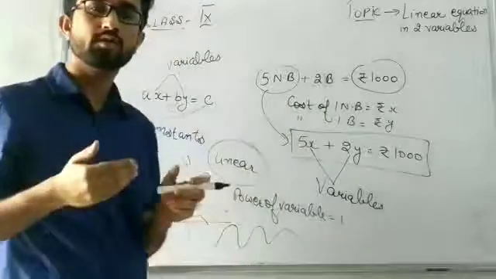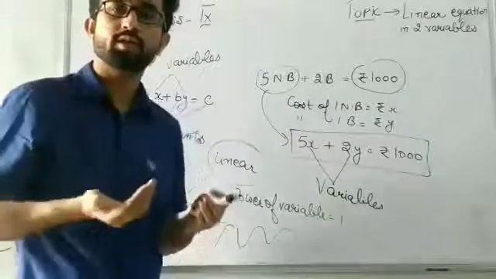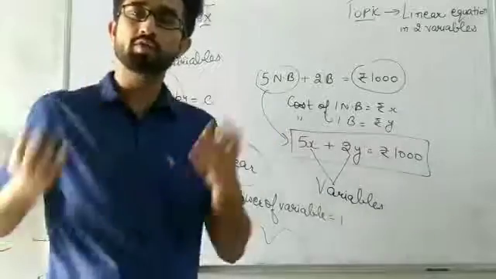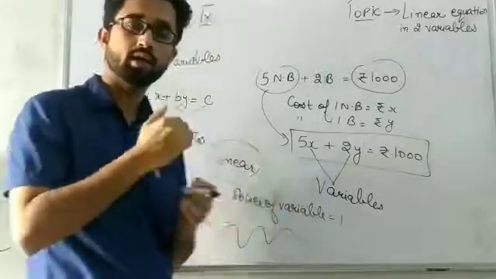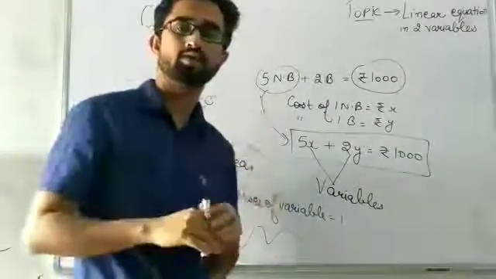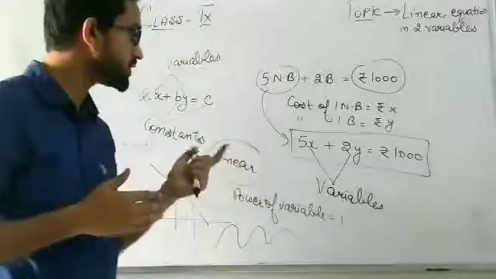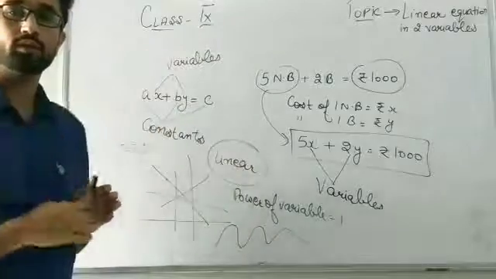But what happens if X and Y, that means the cost of a notebook and a book, change, and how will our total cost differ? That will depend on the graph, and we will discuss that graph in our next part. So let's see how these variables can change and how we will draw the graph.